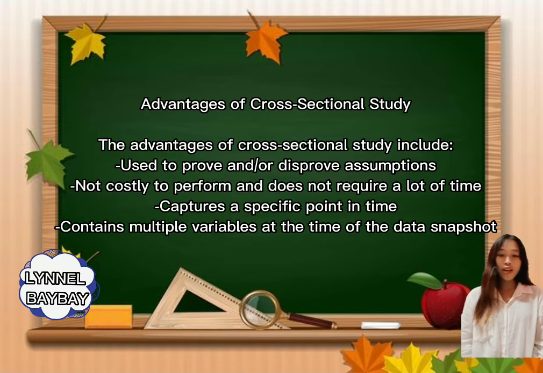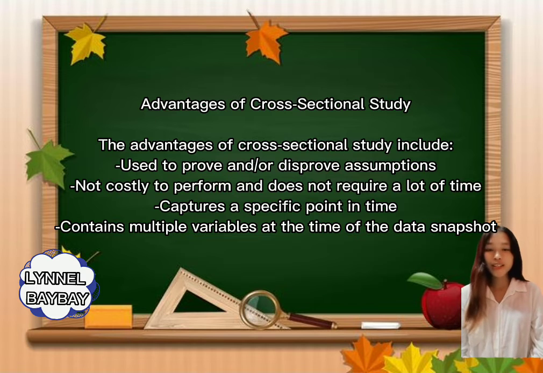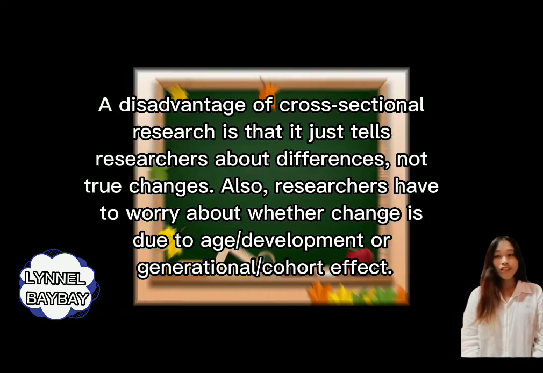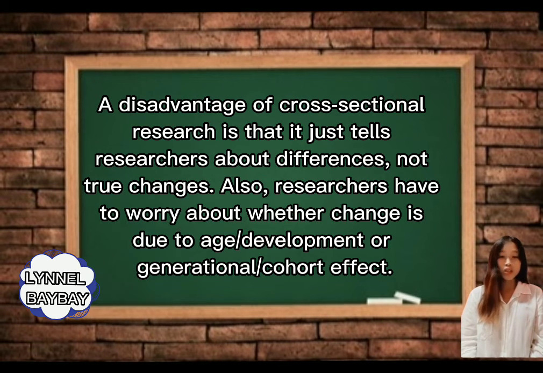Because you only collect data at a single point in time, cross-sectional studies are relatively cheap and less time-consuming than other types of research. Next, cross-sectional studies allow you to collect data from a large pool of subjects and compare differences between groups. So these are the disadvantages. It is difficult to establish cause and effect relationships using cross-sectional studies.